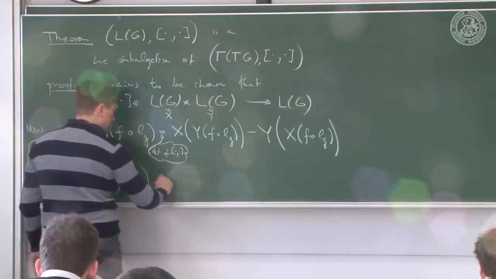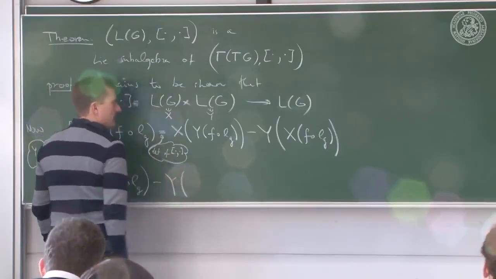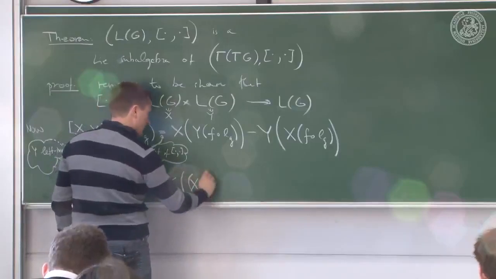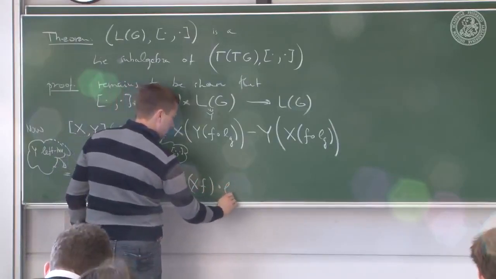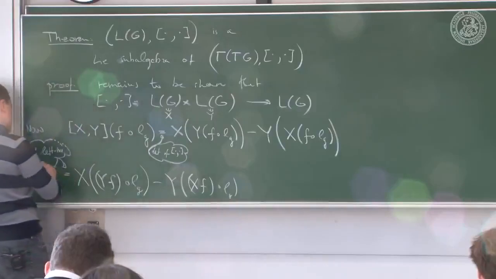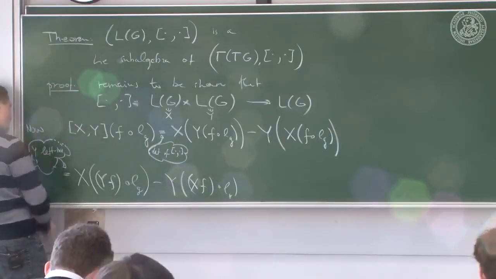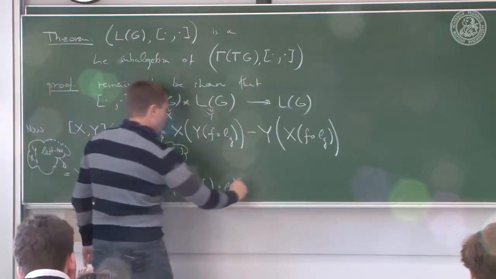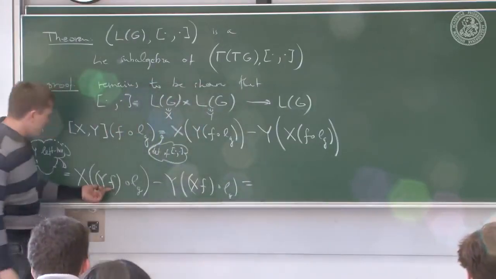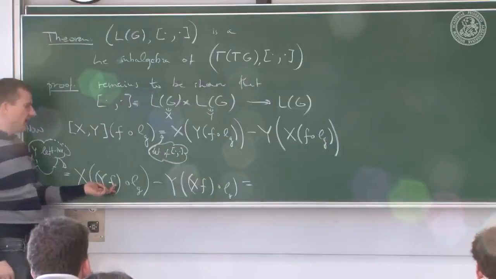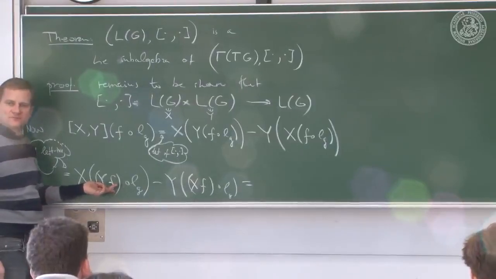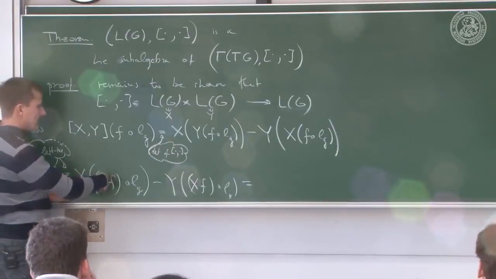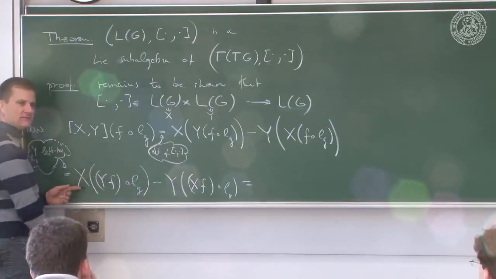Close bracket, minus, well, now we do the same thing with x, because x is also assumed to be left invariant, is x on f after Lg. So this equal sign uses that x and y are left invariant. But now, what is the result of a vector field acting on a function? Well, it's a function. So we have again x acting on some function after Lg.